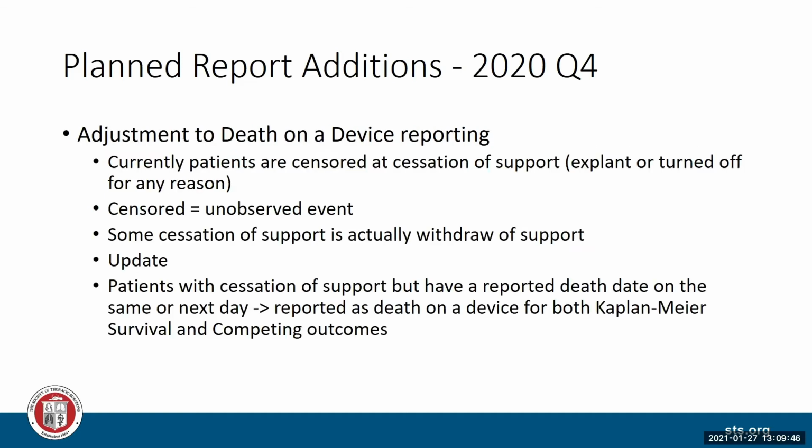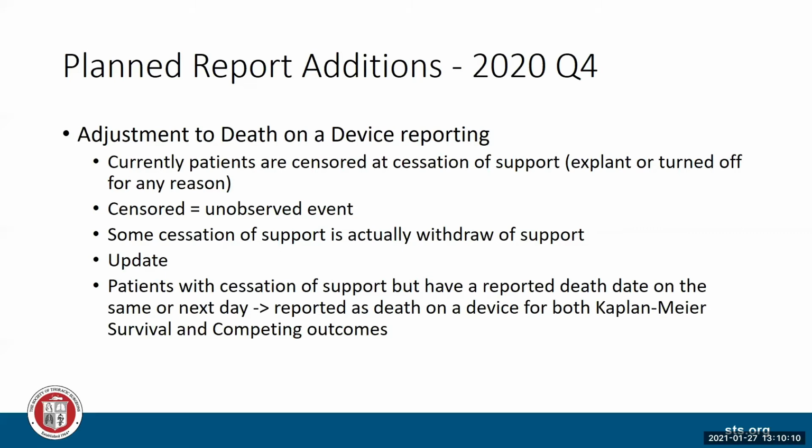Another modification is we're going to adjust how, and this is minor, this won't affect many patients, but we're going to slightly change how death on a device is reported. So currently patients are censored at cessation of support events. So when the device is explanted or turned off, that stops their main Intermacs follow-up, and they're censored.